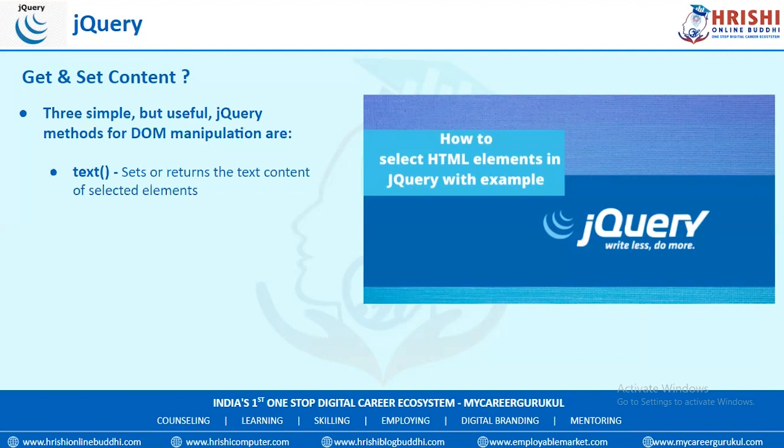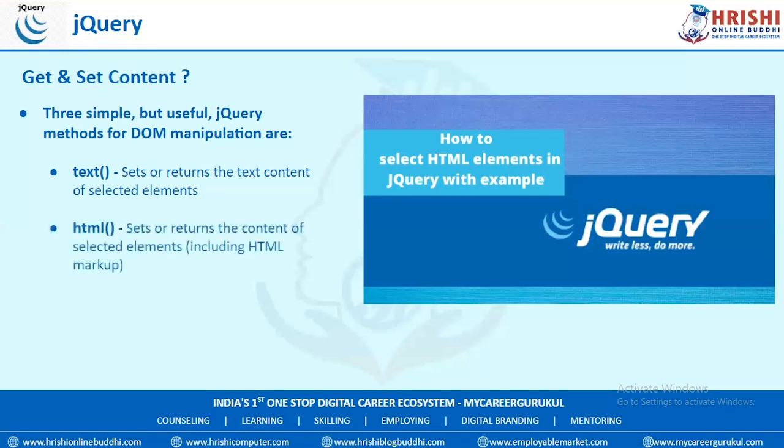Or vice versa, if I want to set a particular value on an element while the program is running. For example, I want to show a user one sentence, and after the user clicks that button, the sentence should change. With the help of the text method, we can do that as well.